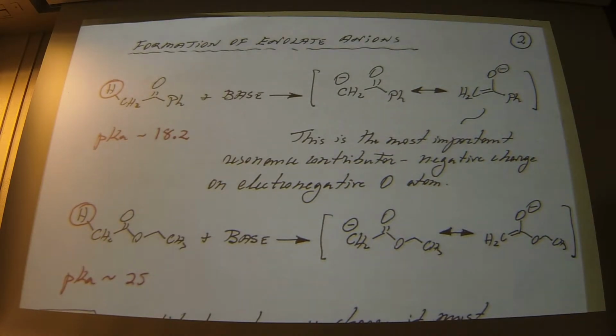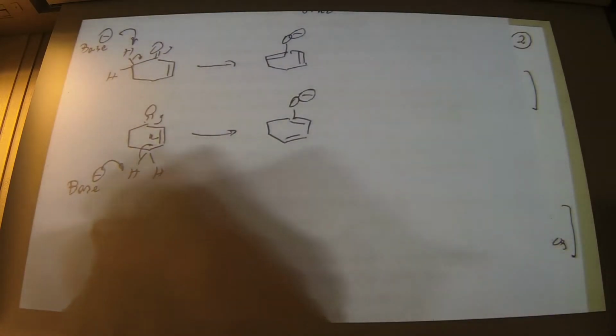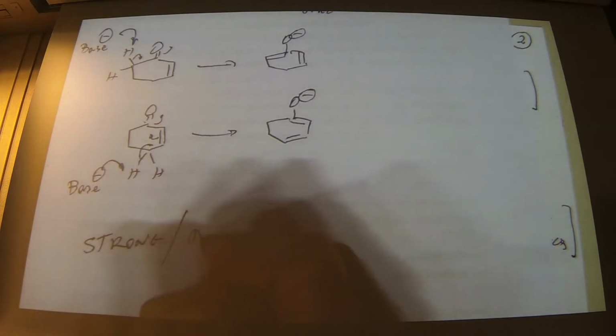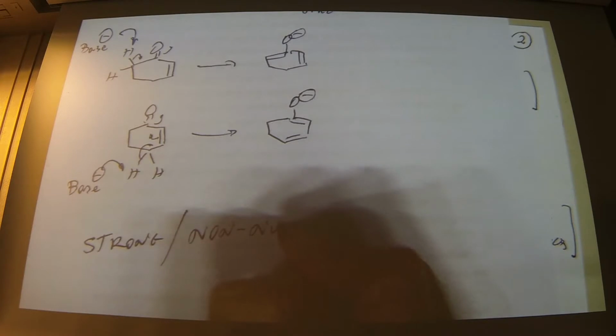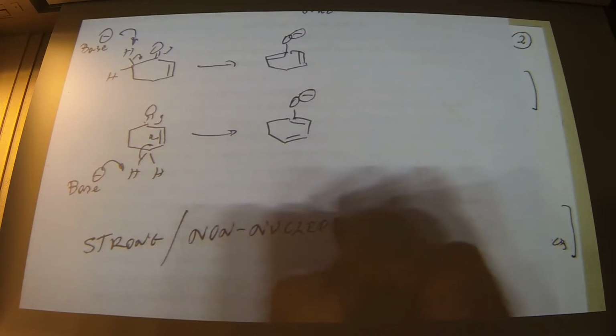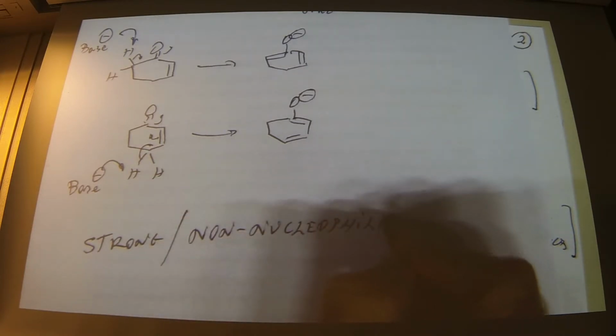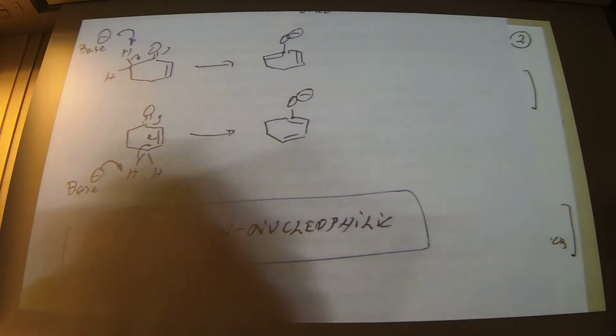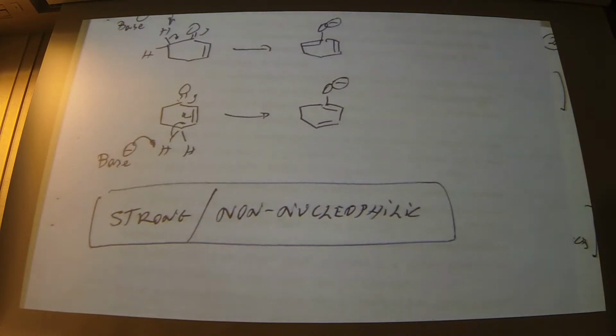That base had better not be nucleophilic. So I need something that is a strong base, but it also has to be non-nucleophilic. Why do I care? I can understand strong, but why non-nucleophilic?